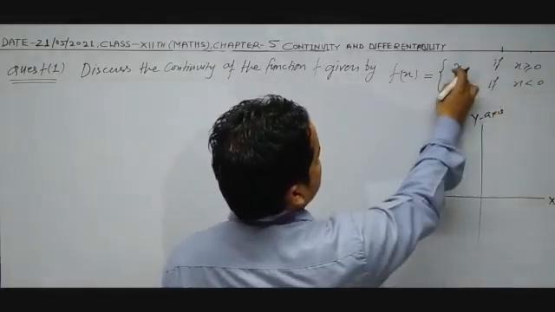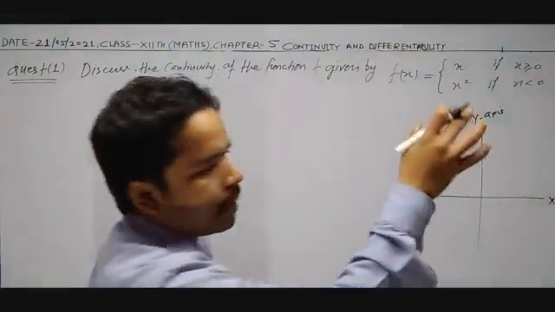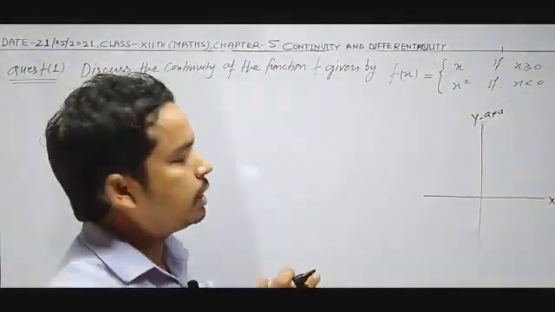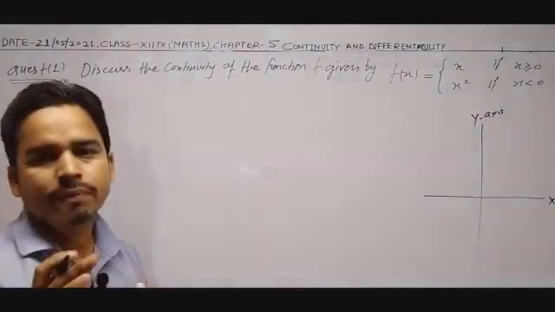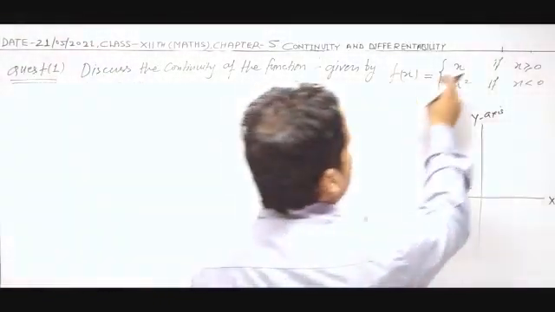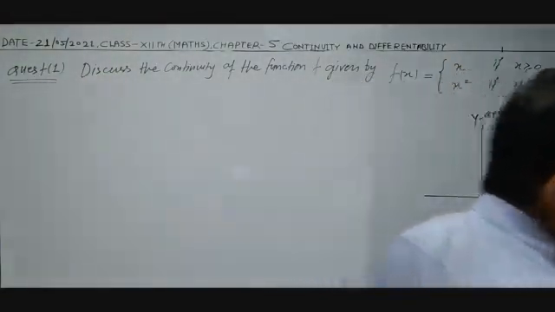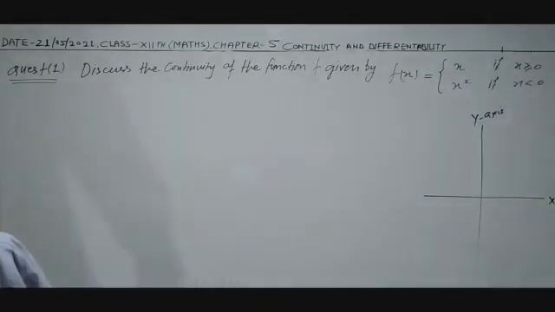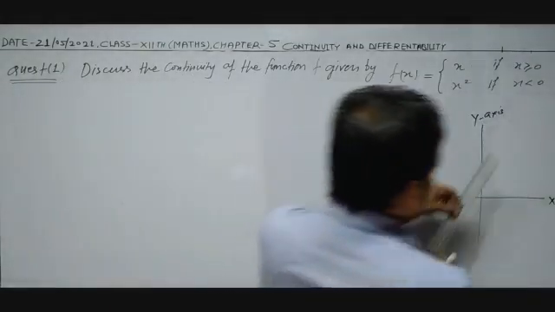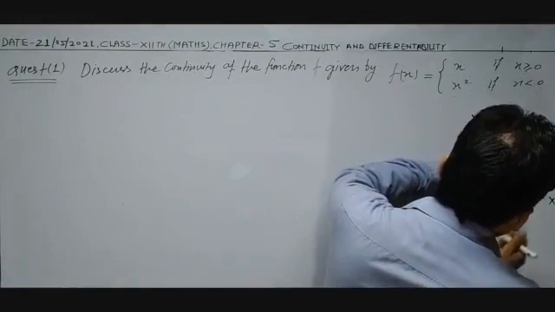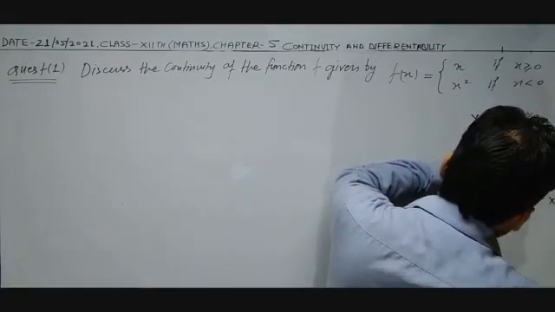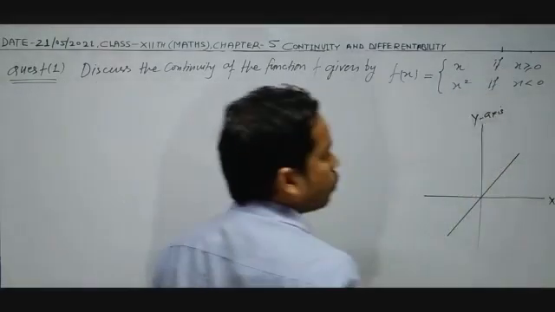First condition, y = x. y = x is the line passing through the origin and making an angle of 45 degrees. This is the line y = x.